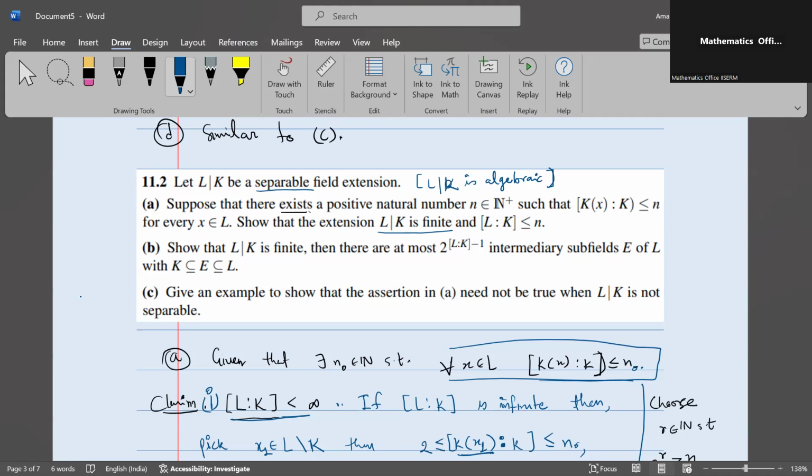Similar thing is done in the remark, maybe week 7, question 2. Okay, so you can look there.